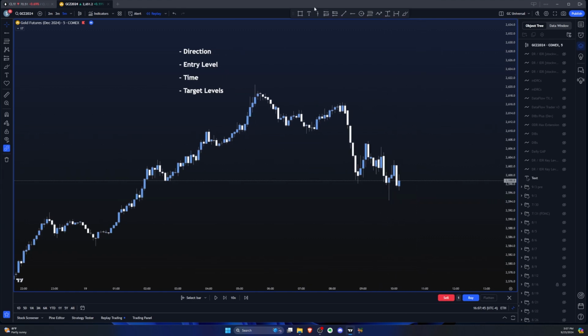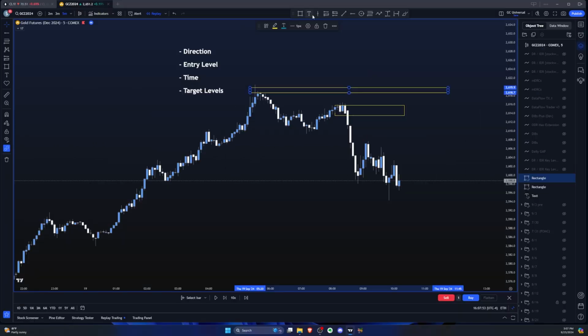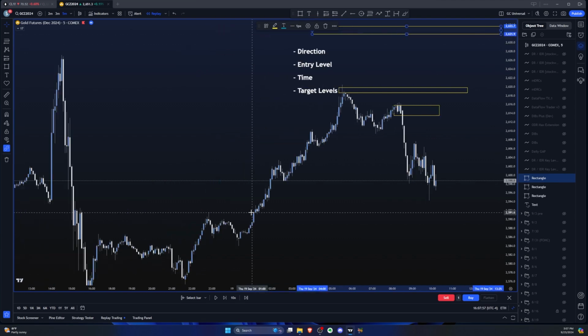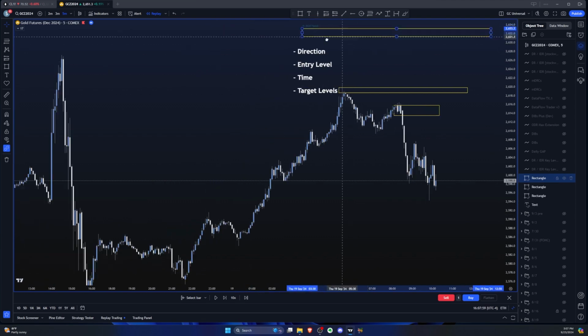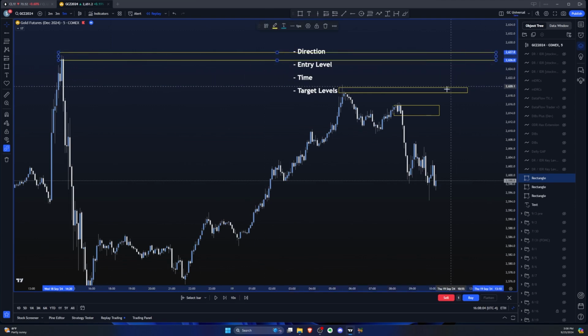If you're looking long here, you don't know whether price is going to go maybe back up to here. Maybe it'll come all the way back up to here. Maybe there's a level all the way up here. And you might have these longer, higher time frame levels you're looking at. So maybe you're looking at this right here. But all you have is levels.